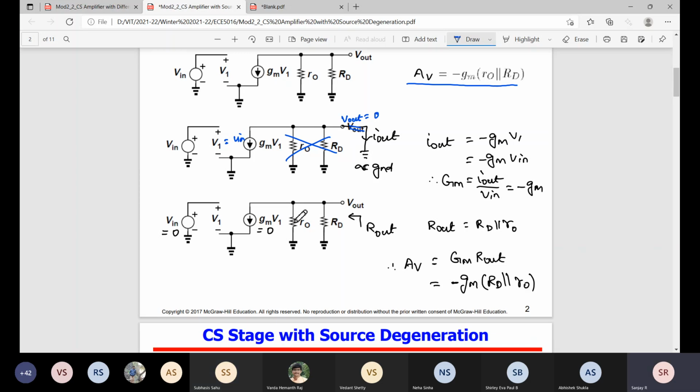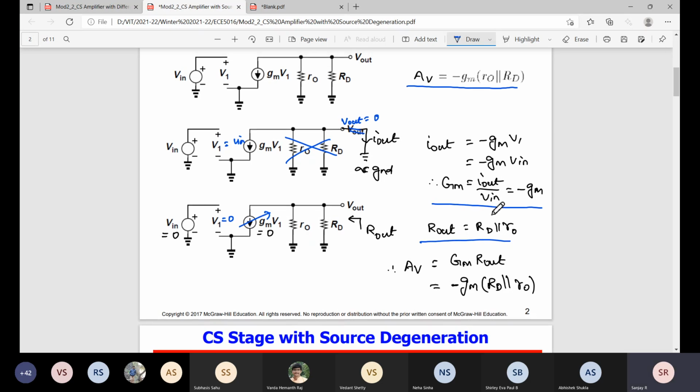Right? So Rout you already know. We will make Vin equal to 0. Vin equal to 0 means V1 equal to 0, which means there is no current source. So now the equivalent resistance is RD parallel to RO. So now I can find Av equals Gm into Rout, that is minus Gm times RD parallel to RO. Right. So what do you understand? If Gm is negative, it is an inverting amplifier. If Gm is positive, the amplifier is a non-inverting amplifier.